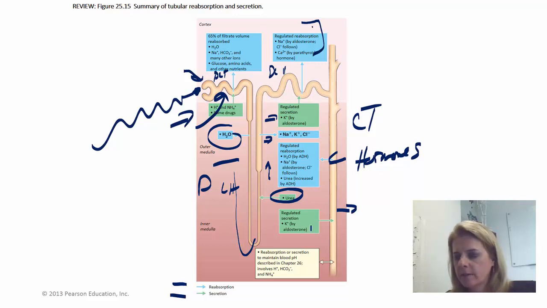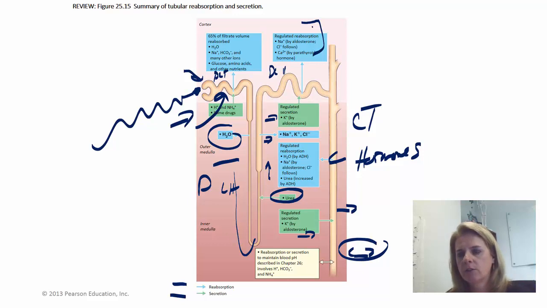Then secretion of potassium, again by hormonal control. The last thing that can happen in the collecting tubule, depending on where you are in your homeostatic balance, is either reabsorption or secretion of things like hydrogen, bicarbonate, and ammonia. These play a role, again, in acid-base balance.